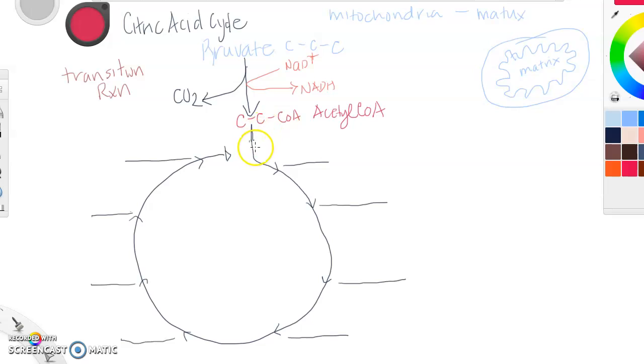So once that happens, it goes in, and what it does is it immediately binds with a 4-carbon molecule called oxaloacetate, or OAA. And when this one combines with acetyl-CoA, we end up with something called citrate. And citrate is a 6-carbon molecule. 1, 2, 3, 4, 5, 6.